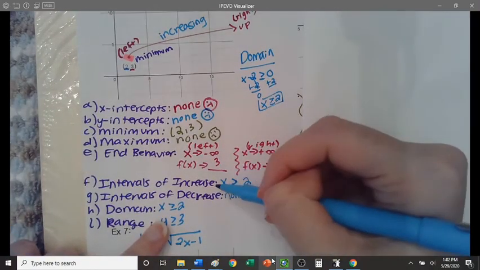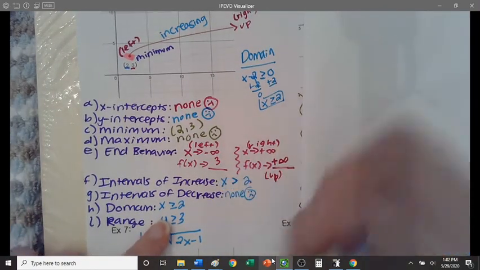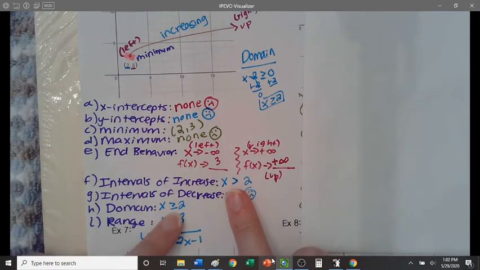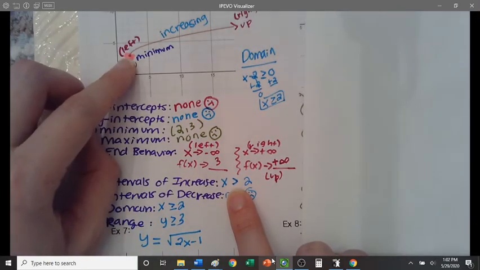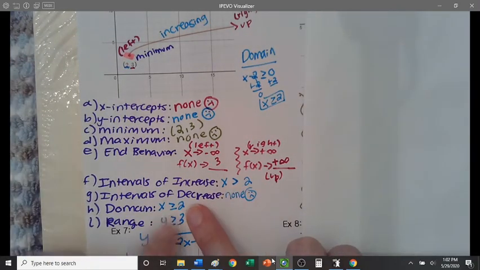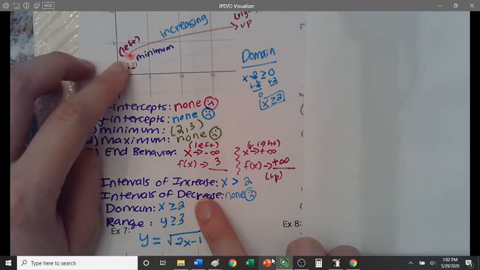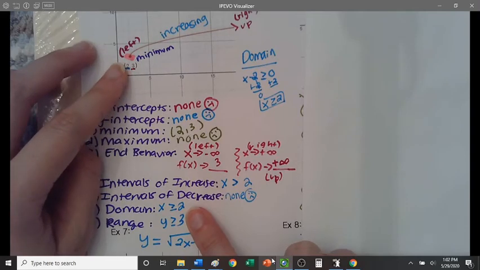Like with your intervals of increase and decrease, when we're increasing, it's not equal to, because at that point we're not increasing. But for the domain, we can equal that value, so that is an x value that is allowed in the problem. So we'll say x is greater than or equal to 2.